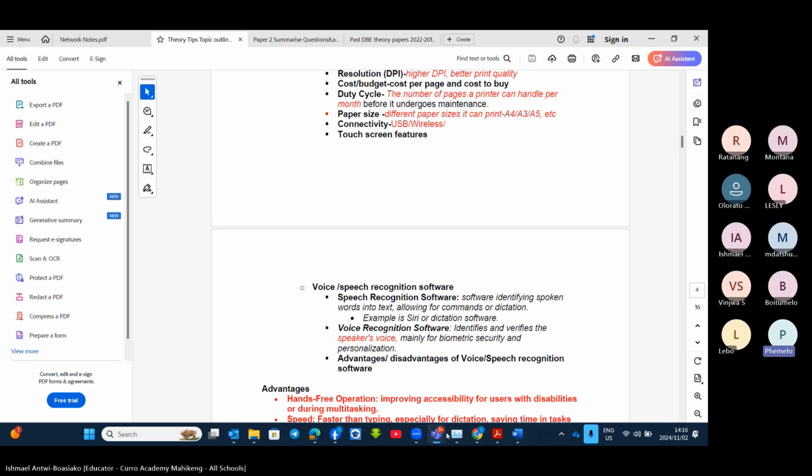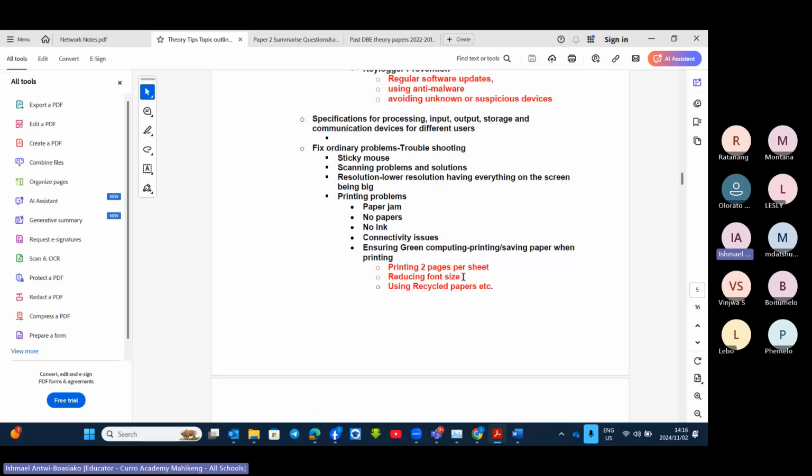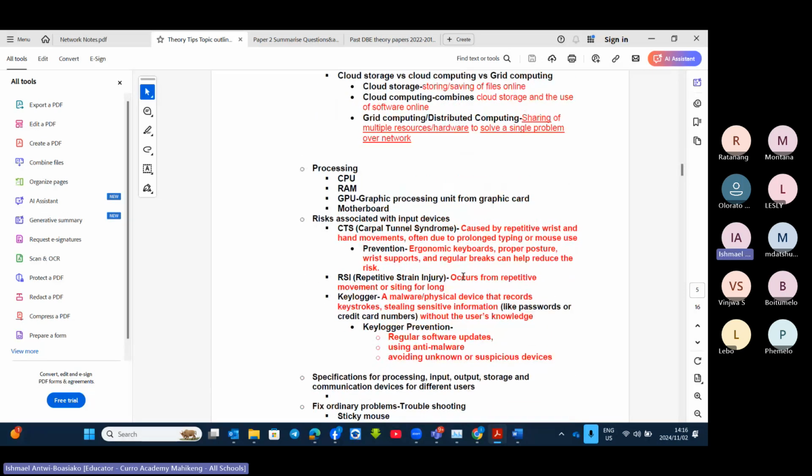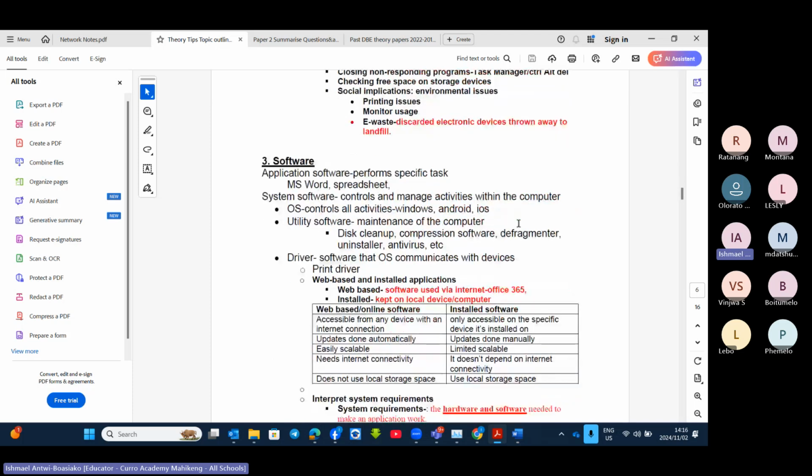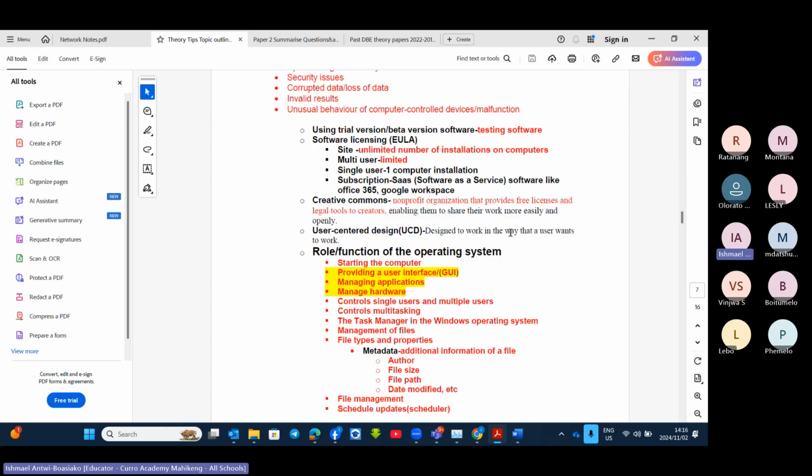What is social engineering? Social engineering, like I discussed it here, is a form of criminal activity whereby people deceive somebody into giving sensitive information. For instance, if I ask you to click on a certain link so that you win an amount of 1 million, then at the end of the day, you don't win that 1 million, and I get your information, like your password or your PIN, your bank card.